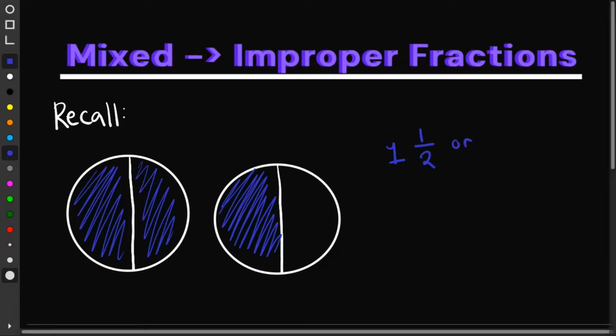Or in improper fraction, we can express this as 3/2, since there are 3 shaded parts when we divide these wholes by 2.